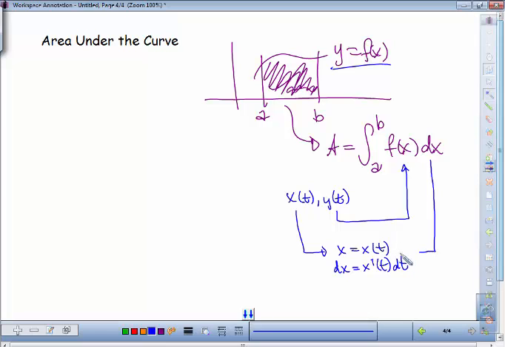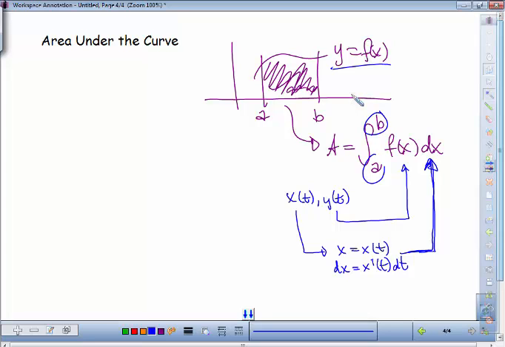So if I take that differential and replace that with dx, then I'll have my formula. Now, since this f of x becomes y of t, it's going to be a function of t. And now I compensate for my dx with this change of variable. Now I have something in terms of t. So I think that's all there is to it. Well, except maybe the limits need to change as limits of t.